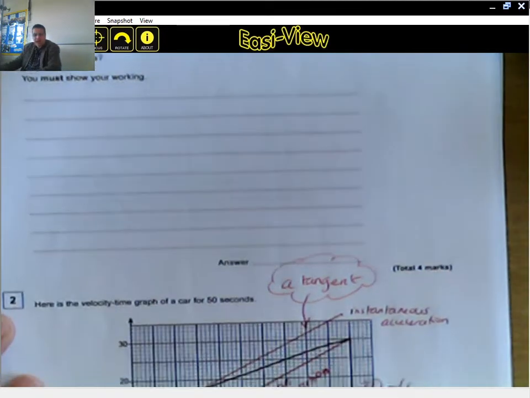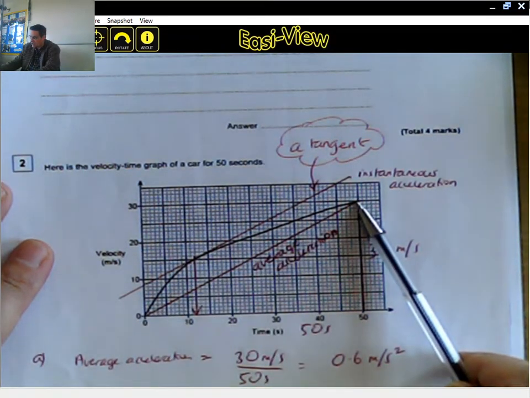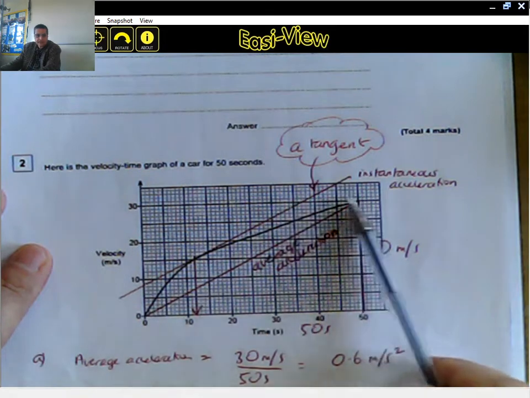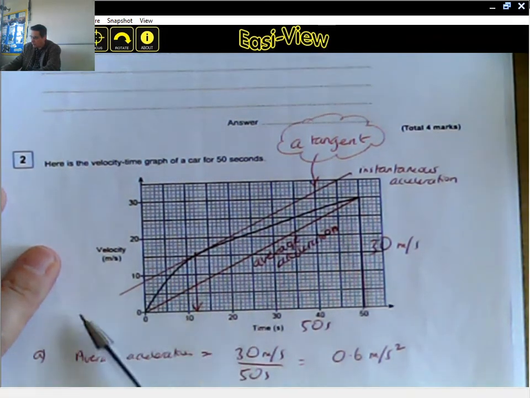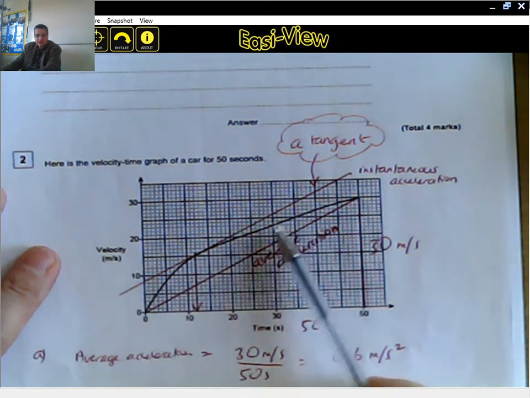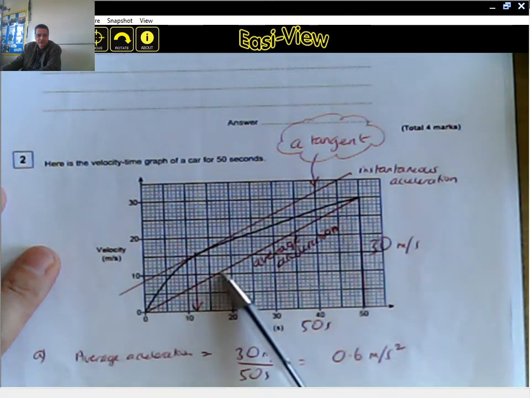So here's my average acceleration line going from 0 to 50 seconds worth of time over 30, a speed of 30 meters per second. So you grab your ruler and you put it up against the graph and you swivel your ruler until the line that you're about to draw looks as parallel as it possibly can to the average acceleration line.